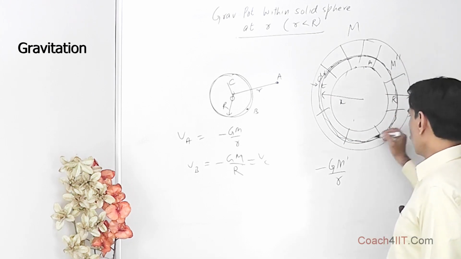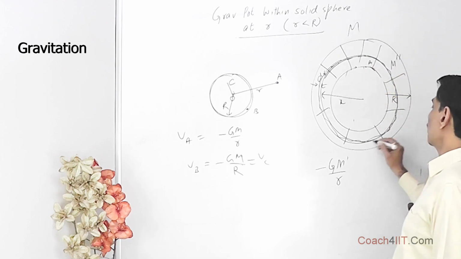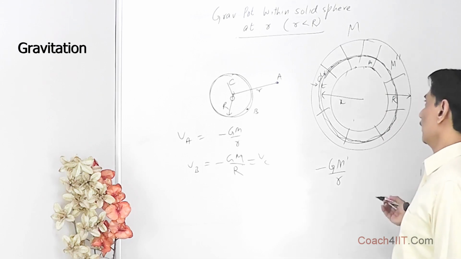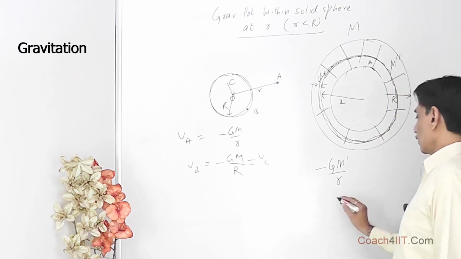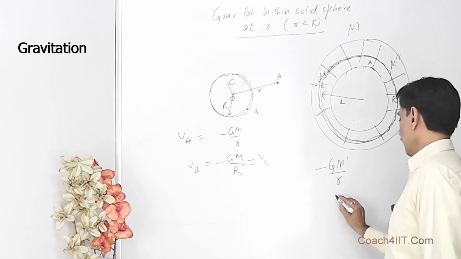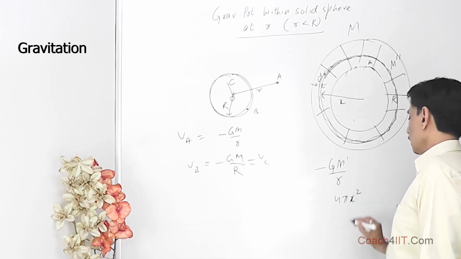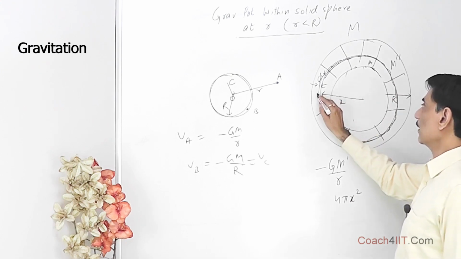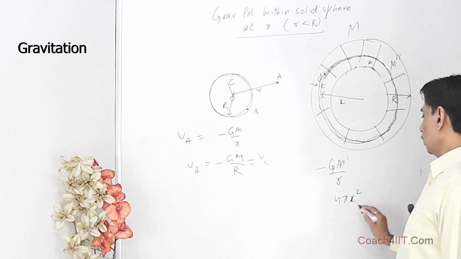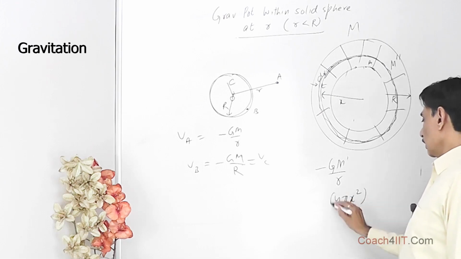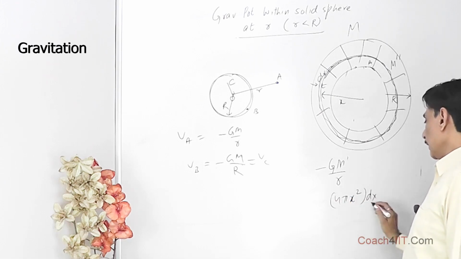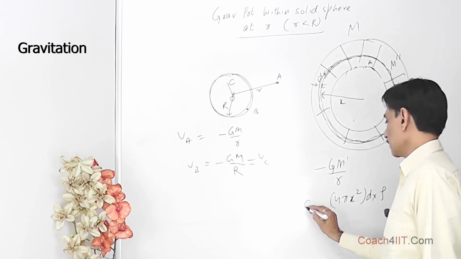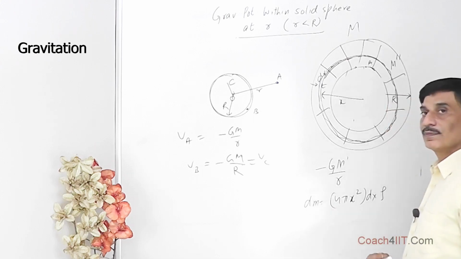If we have to find the gravitational potential because of this thin shell at point A, as we did earlier in the case of a shell of some thickness, let's talk about this contribution. This shell has surface area 4 pi x square, radius x, and thickness dx. So the surface area 4 pi x square into dx, area into thickness, is volume. Volume times density is mass, so we get the differential element of mass dm of this shell.